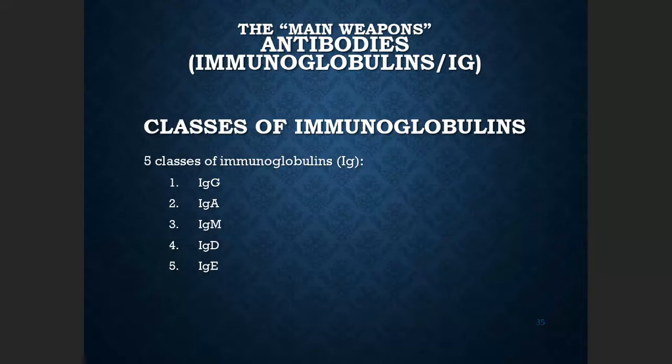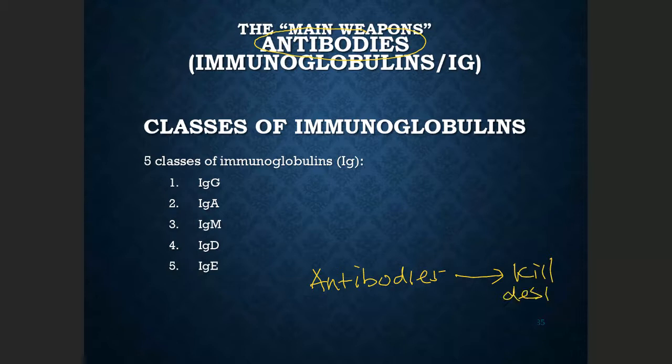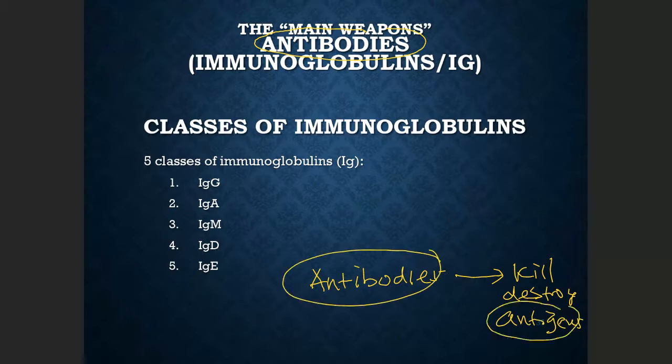Now, what does the immune system usually produce when provoked by the antigens? They are called antibodies. So antibodies will always try to kill or destroy antigens. So antibodies kill or destroy the antigen. That's what we call the reaction.